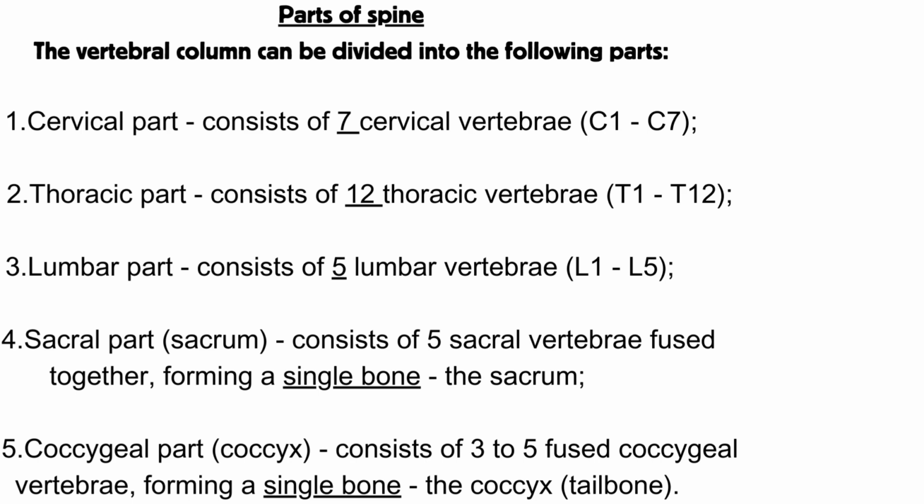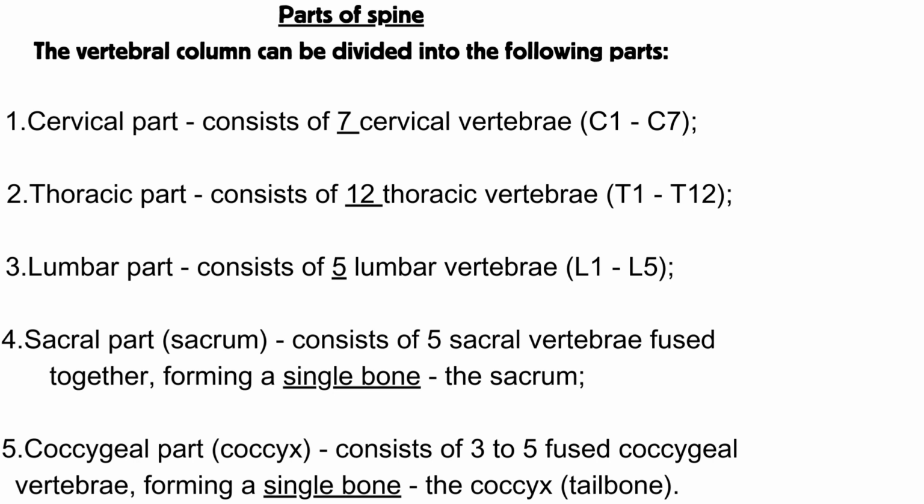Following are the parts of the spine. Cervical part: it consists of 7 cervical vertebrae. Thoracic part: it consists of 12 thoracic vertebrae. Lumbar part: it consists of 5 lumbar vertebrae.